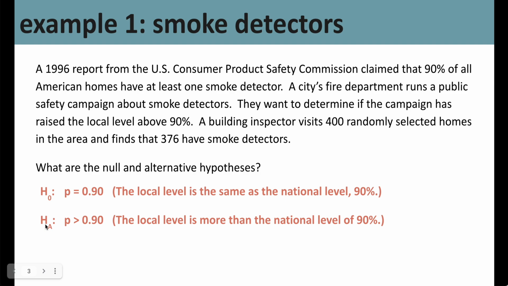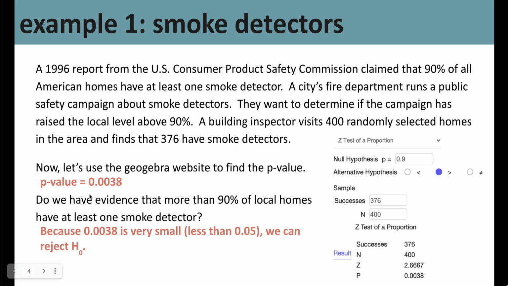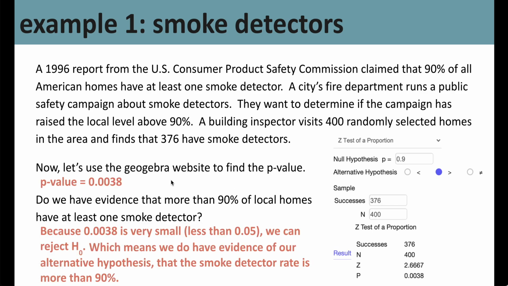So I think P is greater than 0.9 because I've rejected the null. That means I do have evidence of the alternate hypothesis that the smoke detector rate is more than 90%. So that is what our p-value would tell us. P is small, reject the null. And if we're rejecting the null, then we do have evidence of our alternate.